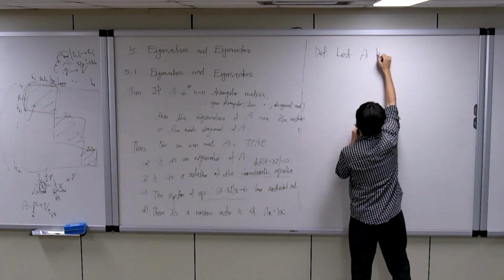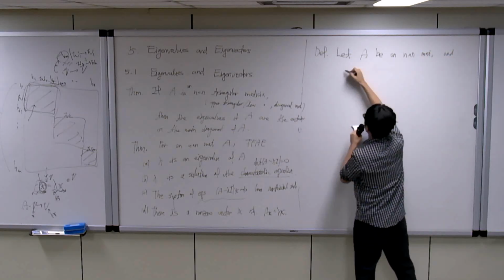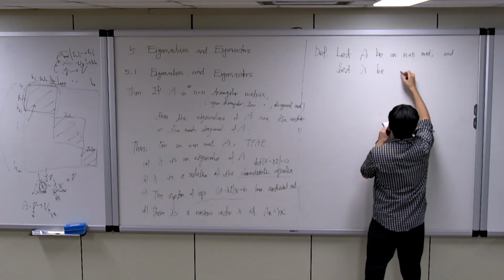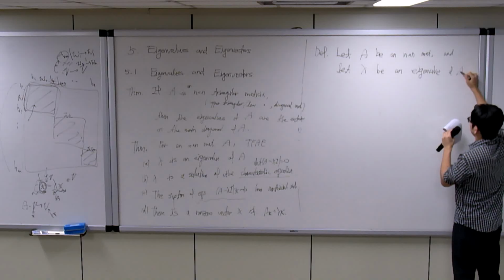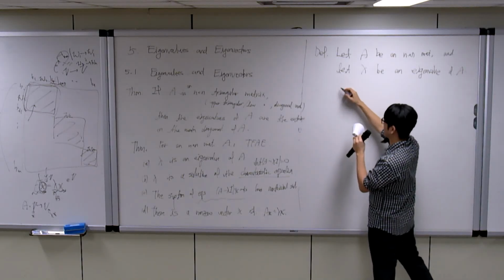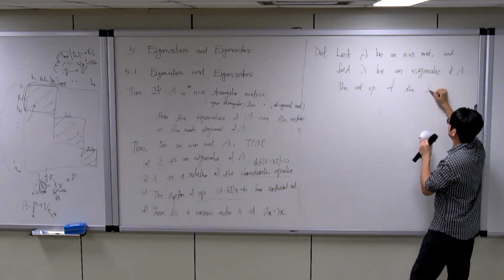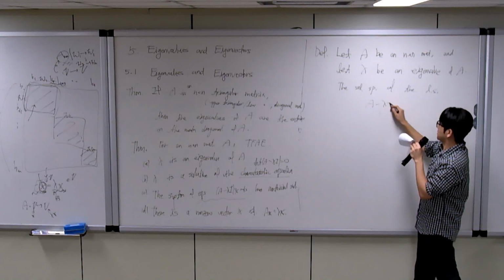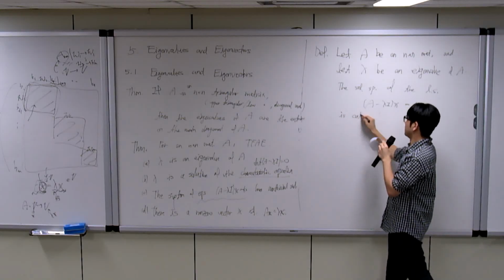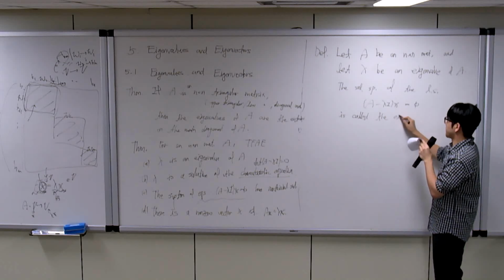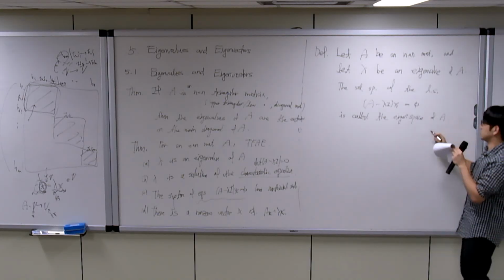So let's define it. Let A be an n by n matrix, and let lambda be an eigenvalue of A. The solution space of the linear system (A minus lambda I)x equals 0 is called the eigenspace of A corresponding to lambda.